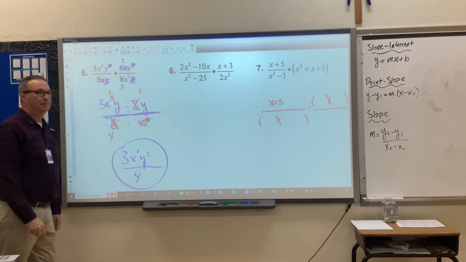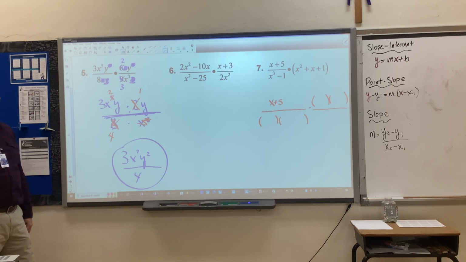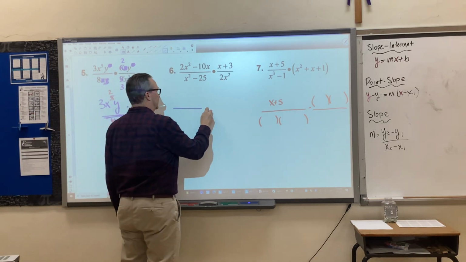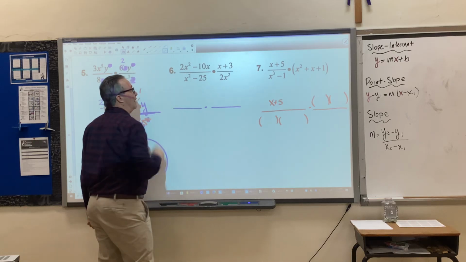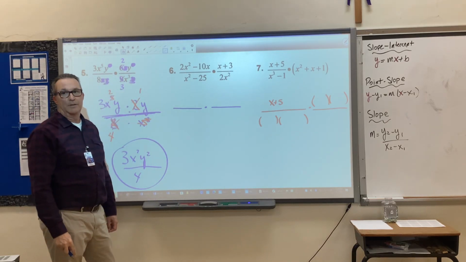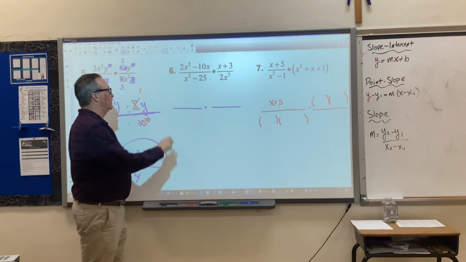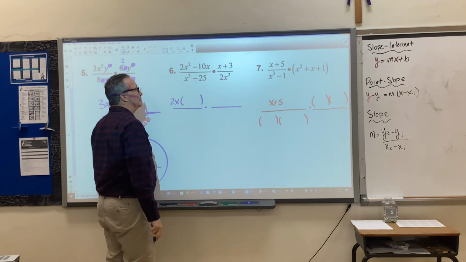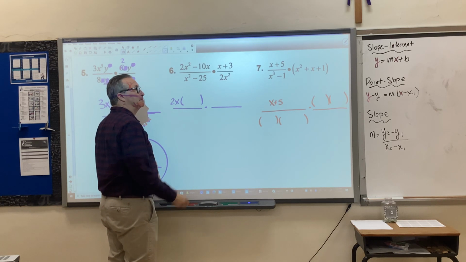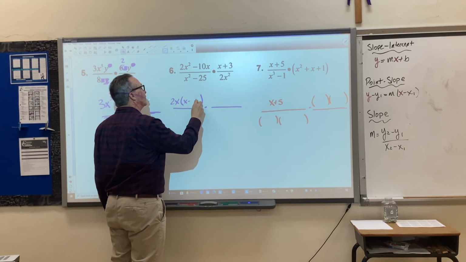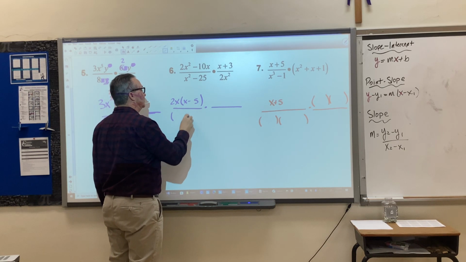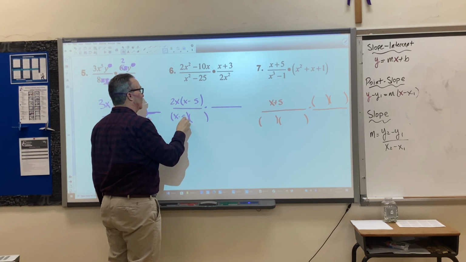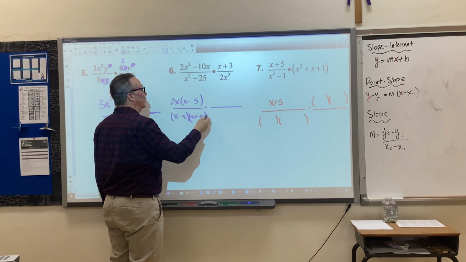That's it. Alex, what do I do with this top left? How does that factor? 2x times x minus 5. Not this one. x minus 5, x plus 1. Good.